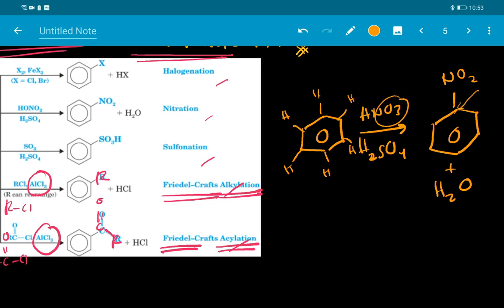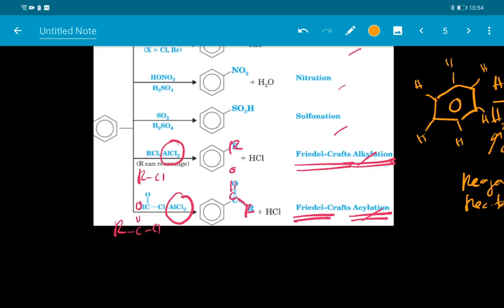Just to tell one thing, it is very important to memorize both the reagent and the catalyst of the electrophilic substitution reactions. You cannot ignore it. You must remember that the one on top is the reagent, and the one below is the catalyst.